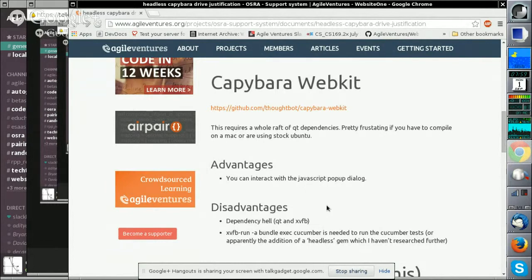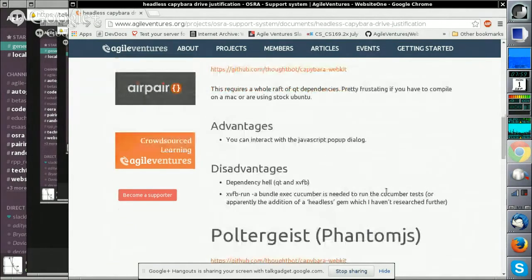I would really, really appreciate comments on this because Capybara WebKit installs a whole raft of Qt dependencies, which I'm not really happy about. If you're compiling it on the Mac, it seems to take hours. If you're using stock Ubuntu, I know it's just packages, but there's a lot of them.